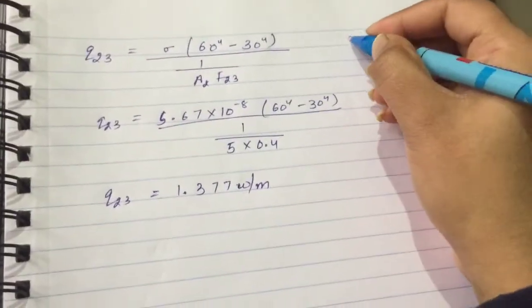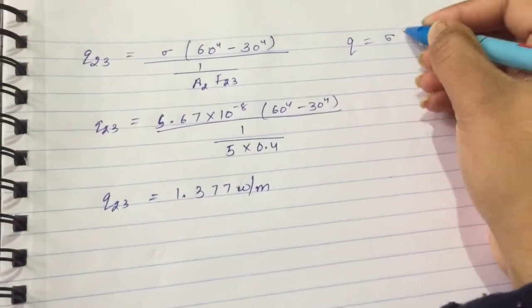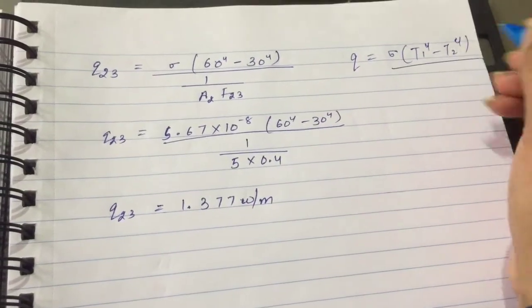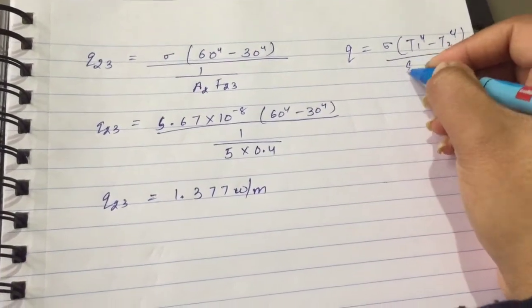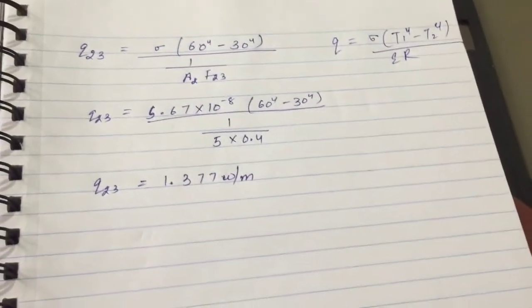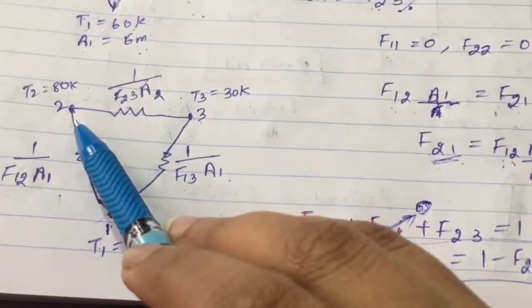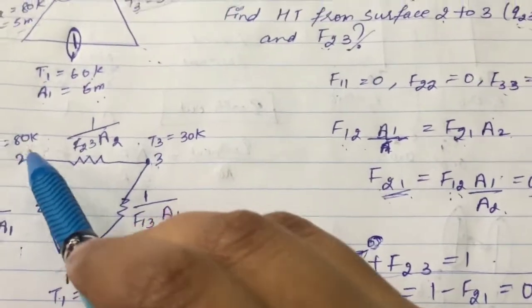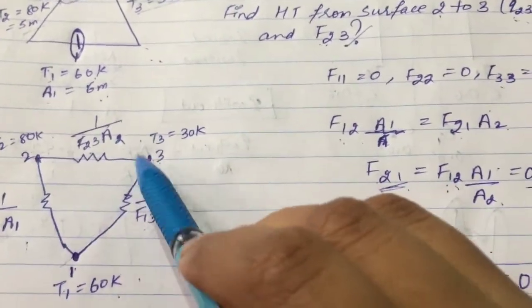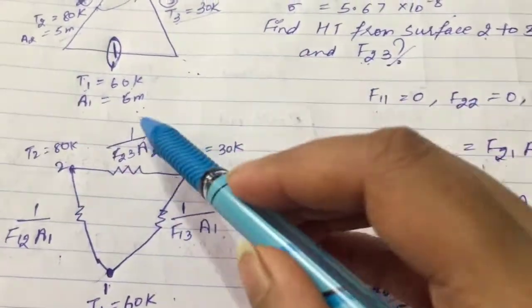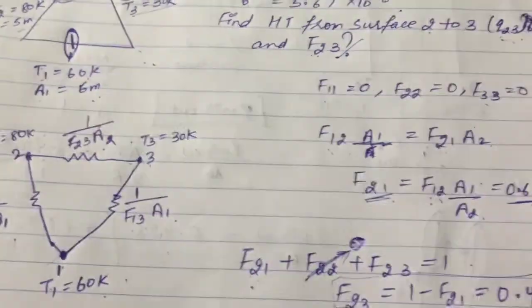We know the formula to find heat transfer is sigma into T1 to the power 4 minus T2 to the power 4, divided by the summation of resistances. From this resistance diagram, we know that the space resistance between surface 2 and 3 is 1 by F23 into A2.